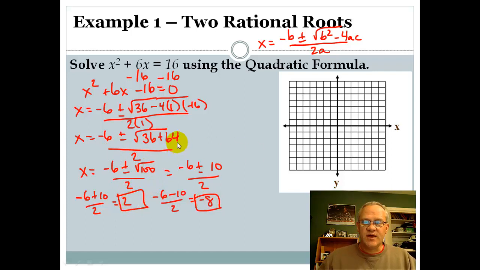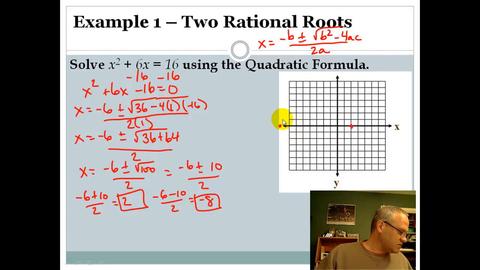And just so you can see how this relates to the graphing, remember when we graph it, the solutions are where it crosses the x-axis here. And so we've got one that crosses at 2, and one that's going to be 1, 2, 3, 4, 5, 6, 7, 8. It's slightly off here, but that's where the two are going to cross.